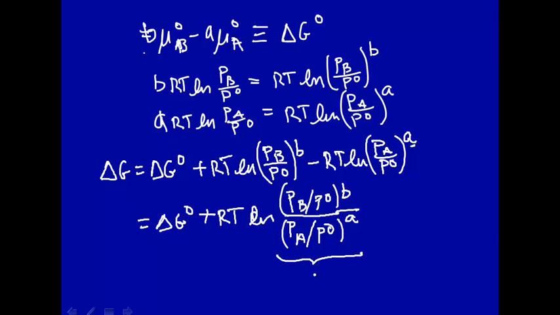This is kind of cool. This is, as we defined it in intro chem, Q. In this case, for the gas phase, it's the pressures raised to the stoichiometric coefficients of the products, over the pressures raised to the stoichiometric coefficients of the reactants. And that ratio is Q. What is different from introductory chemistry is that now we're dividing these pressures by the standard state pressure, so that the whole thing will be unitless when you take the logarithm.